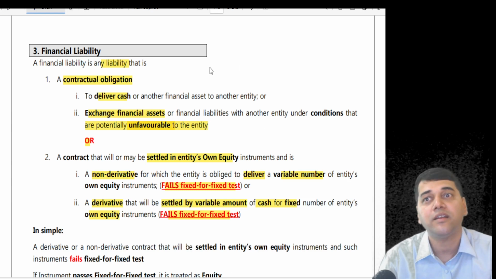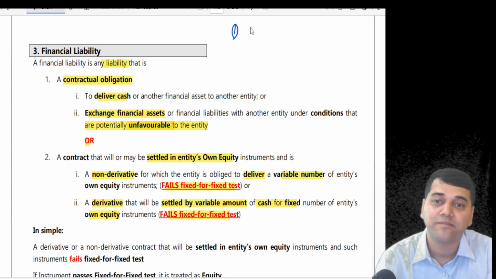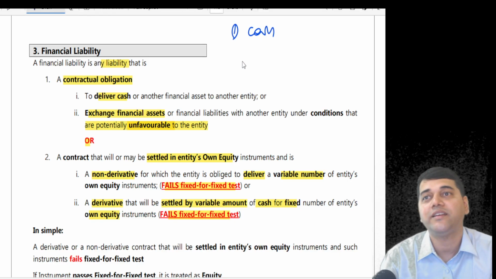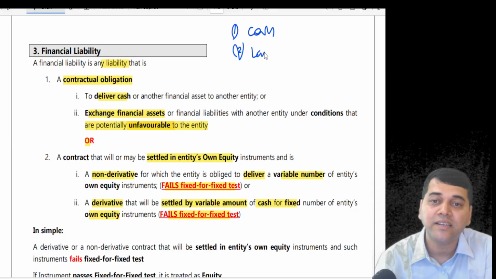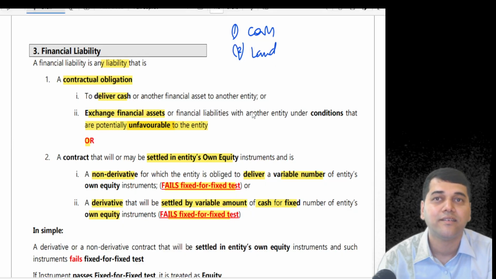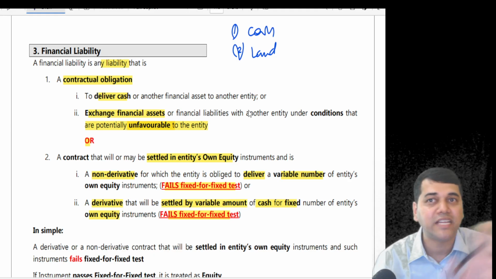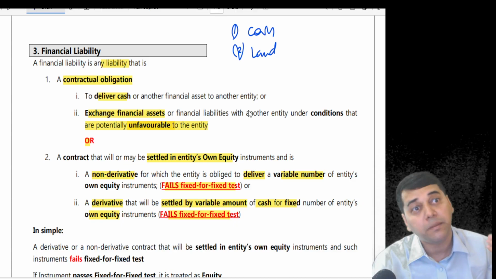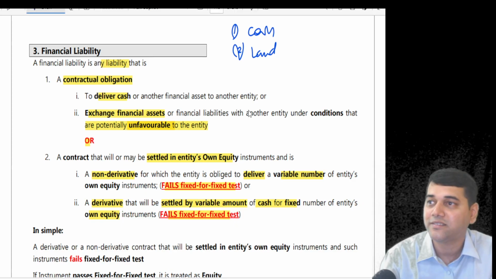Then you will tell me, sir, tell me the terms and conditions of the repayment. Okay, if I have to repay by cash, then you say it's a non-current financial liability. If I have to repay by land, then you say it's a capital advance received, it's not a financial liability. Why? Settlement is going to happen by delivery of land. It's a capital advance, other non-current liabilities.